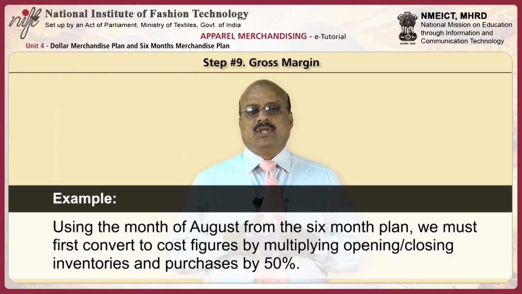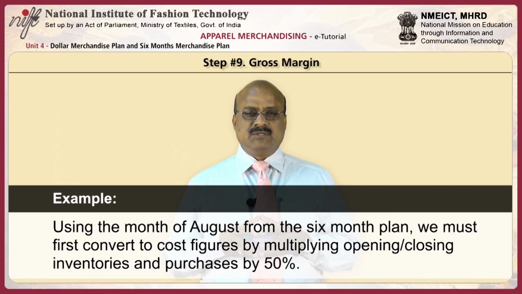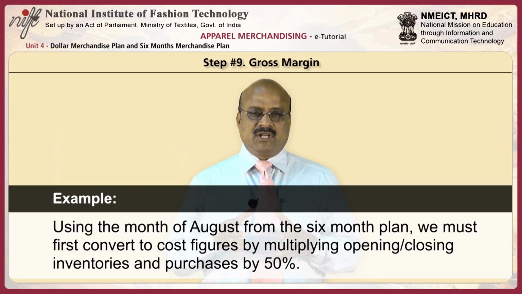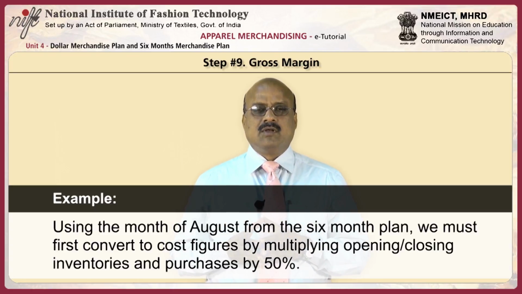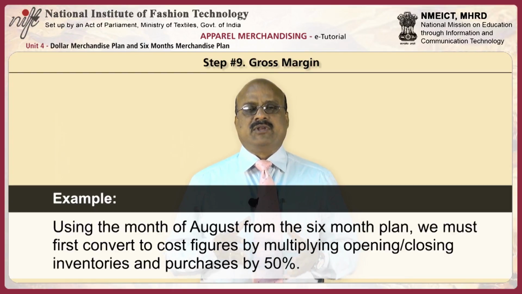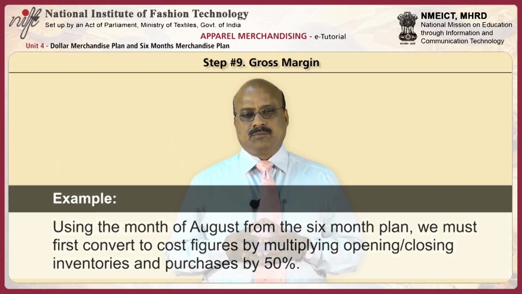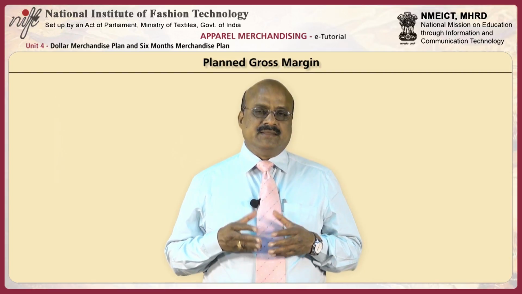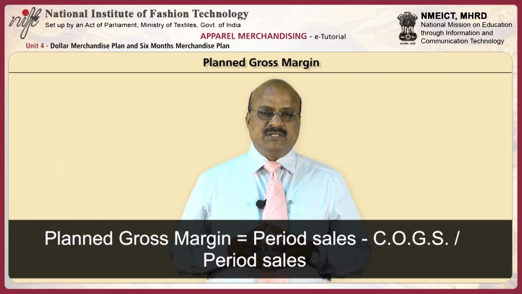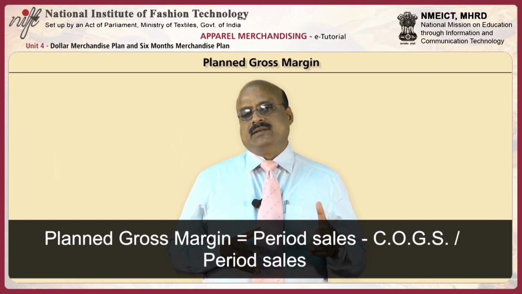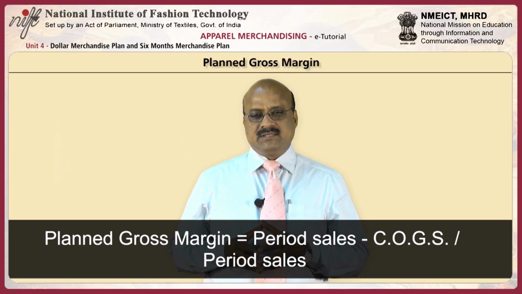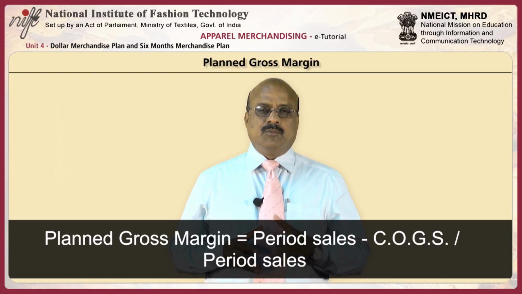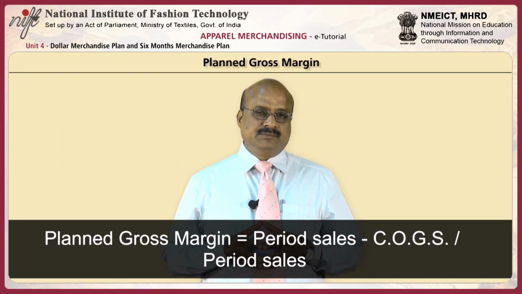For example, using the month of August from the 6-month plan, we must first convert to cost figures by multiplying open or closing inventories and purchases by 50%. Finally, we determined planned gross margin like this. Planned gross margin is equal to period sales minus COGS, that is cost of goods sold, upon period sales.